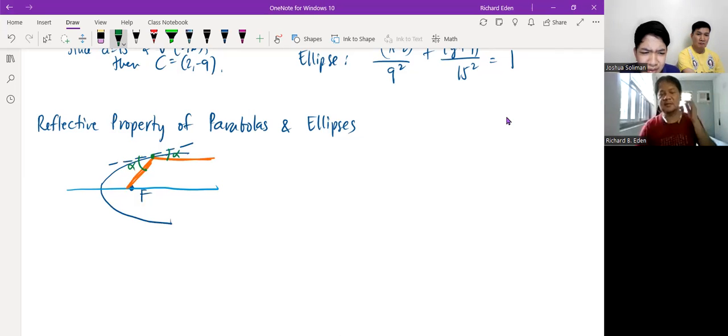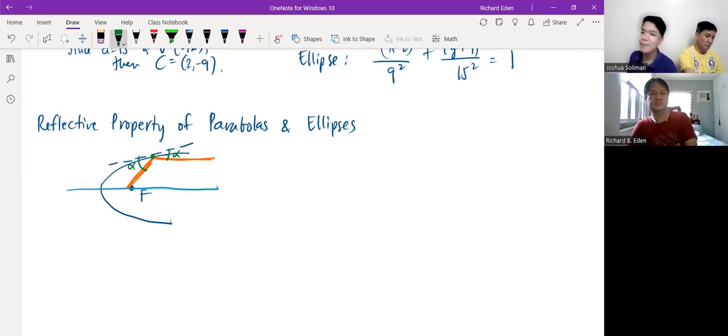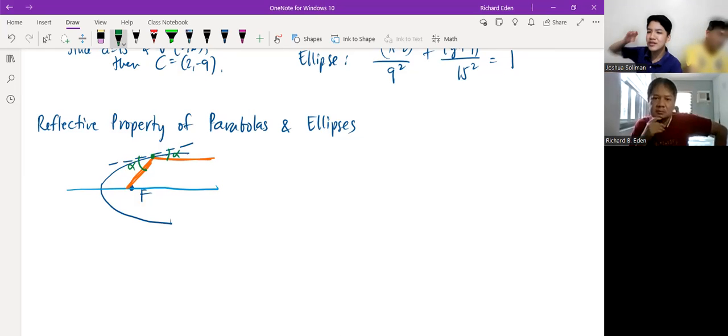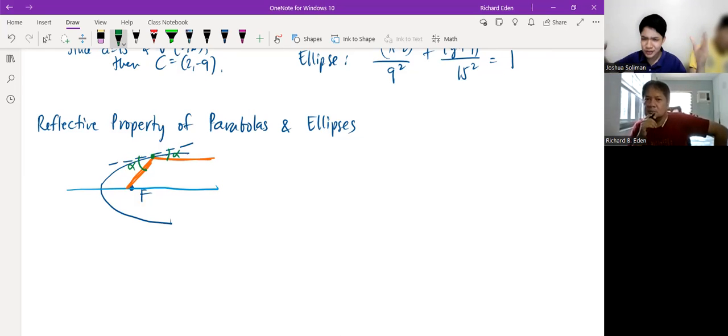May tanong din pala ako riyan regarding that. We assume in this case that the sun is so large that the rays are almost parallel. But since the sun is just a single ball, then why weren't we using portions of an ellipsoid rather than portions of a paraboloid?